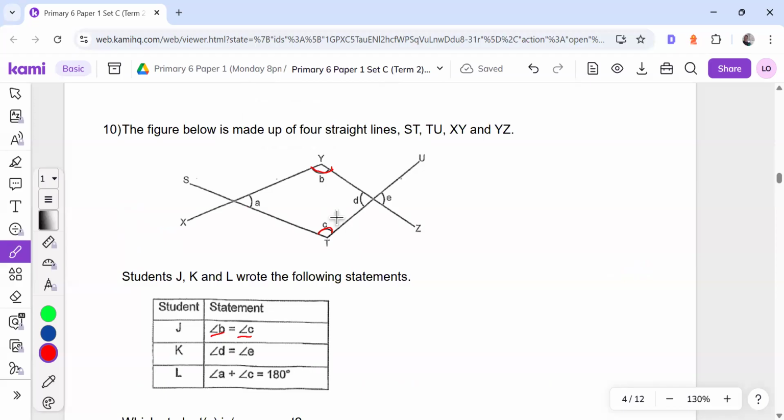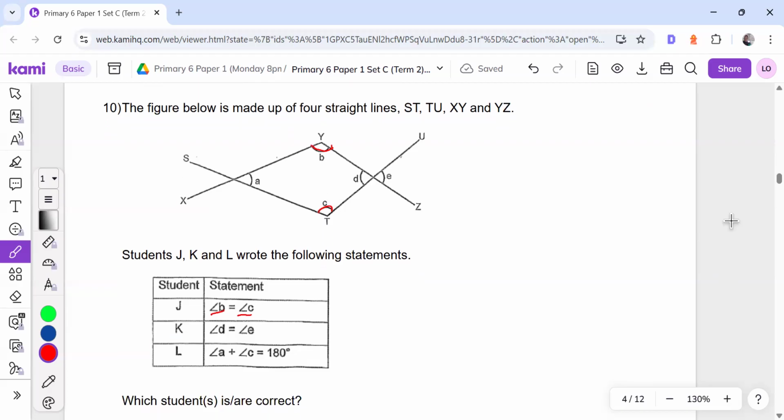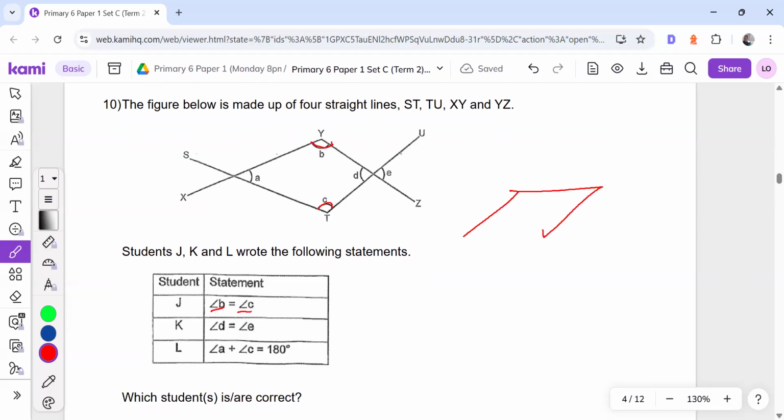But is this a parallelogram? Is this a rhombus? It is not, right. It's just a four-sided figure. So we are not sure, right? So we cannot assume that they are equal, because it's not a parallelogram. If it's a parallelogram, then opposite angles are the same, right? If it's a rhombus, okay, please don't draw a rhombus nicely.